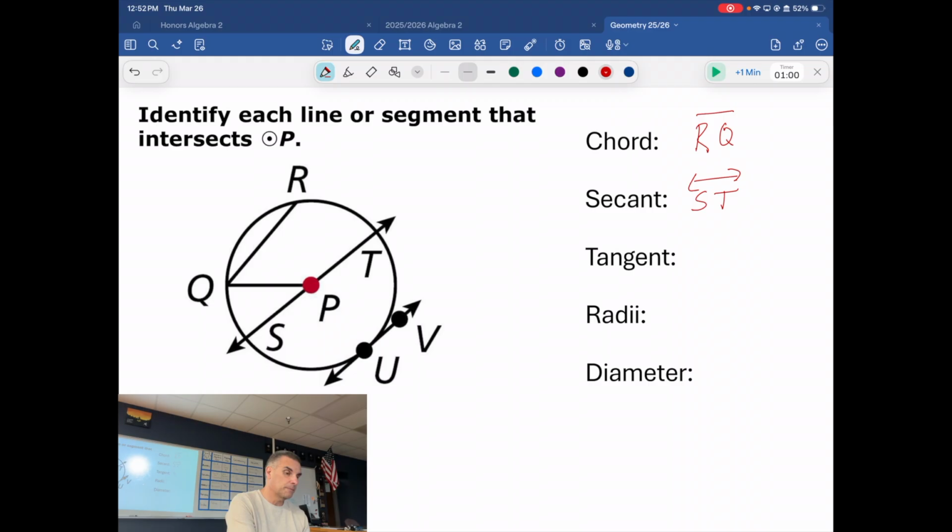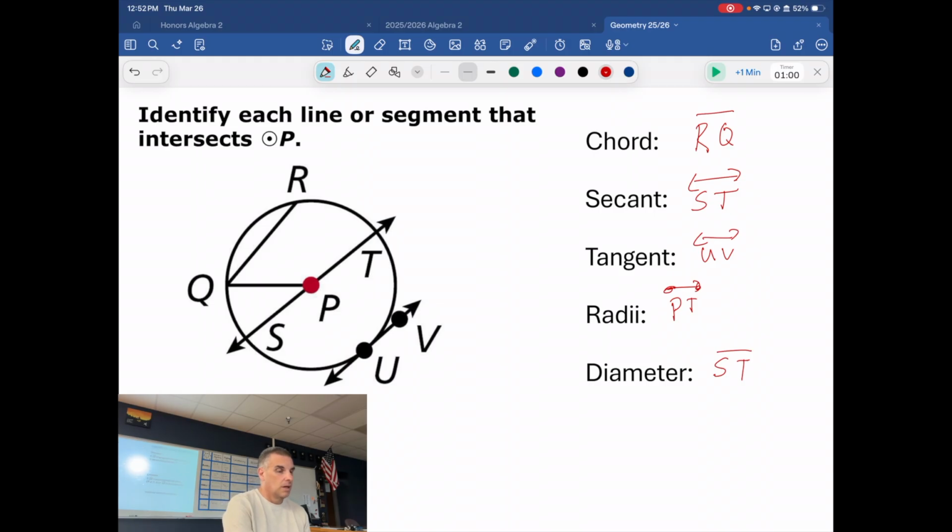UV, or VU. A radii: there's lots of them. We'll just say PT is a radii. SP, QP, there's lots of those. And the diameter is ST, kind of the same as the secant, but it goes through the center this time. So those are the different parts. We all okay with identifying those? That's something we did last week or earlier this week. It's all starting to run together.